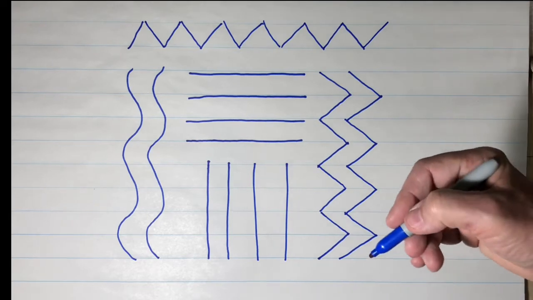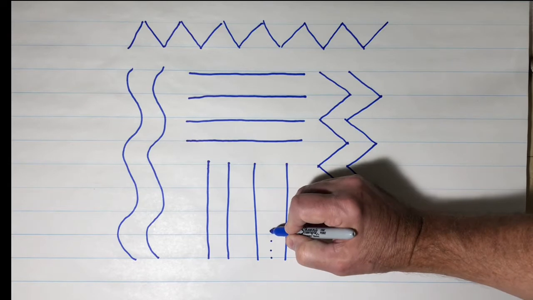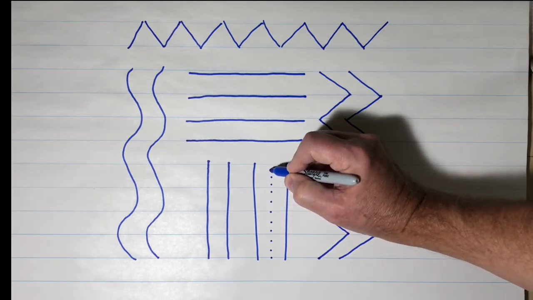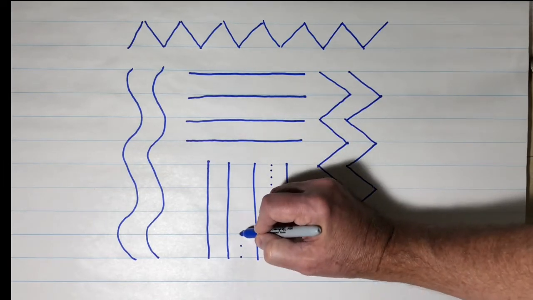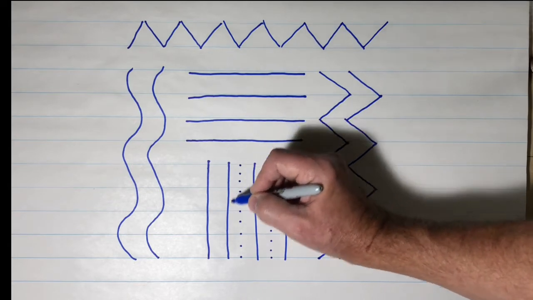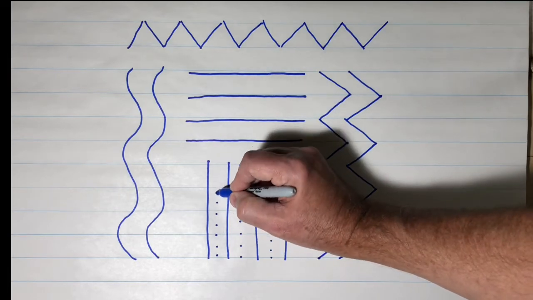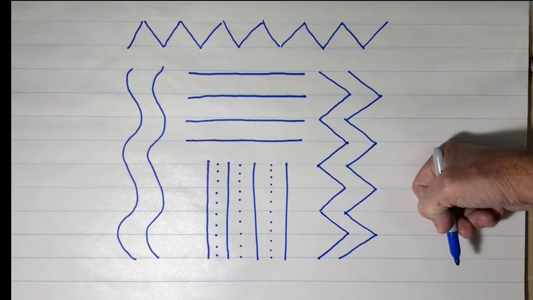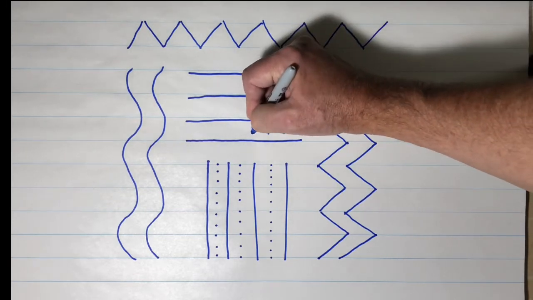Now we can add some dotted lines. And I'm going to put my dotted lines right in between these vertical lines. So now I'm drawing a dotted vertical line. We can also draw a dotted horizontal line.